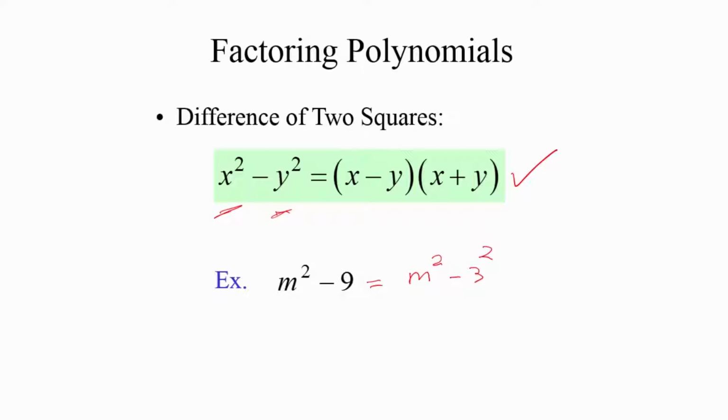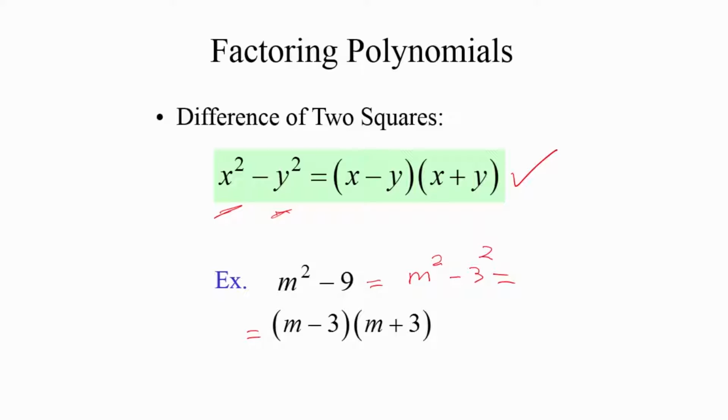So this can be factored as the first minus the second without the square, and the first plus the second. So m minus 3 times m plus 3 should be the factoring here. They are equal, so this would equal to this. They're all the same thing.